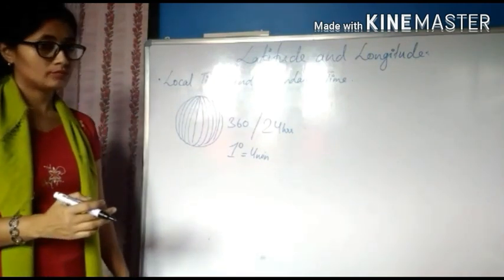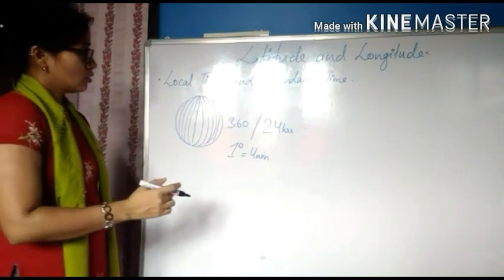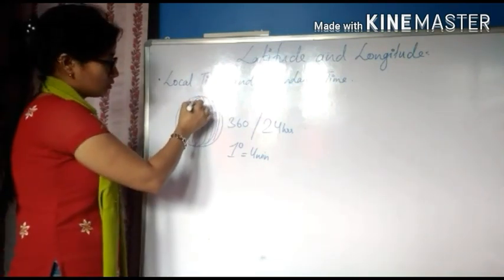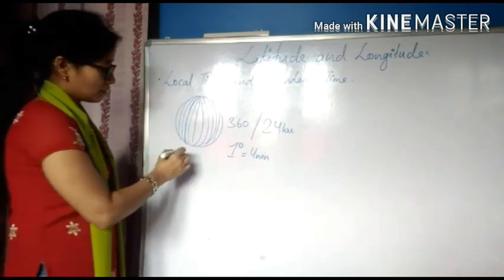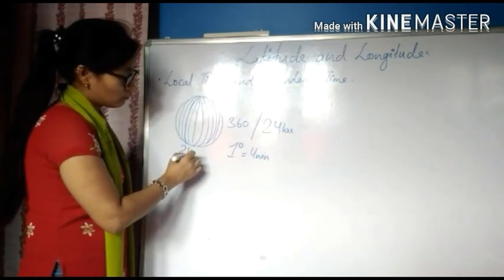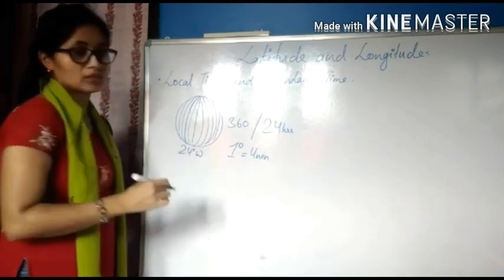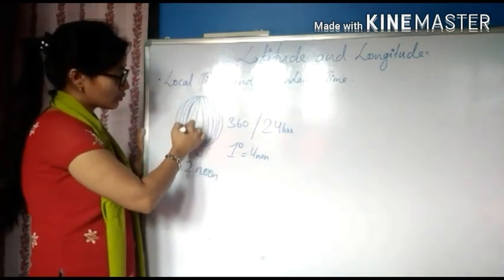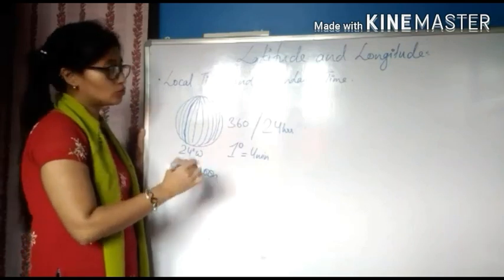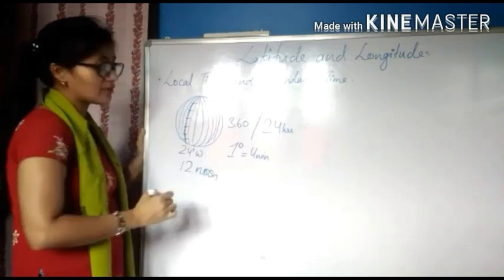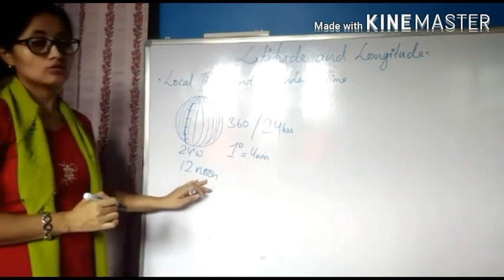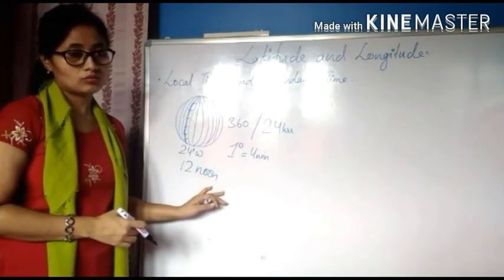So, suppose this is a meridian that lies at 24 degree west. Time on this meridian will be 12 noon. The places that lie on this meridian will have the time 12 noon.